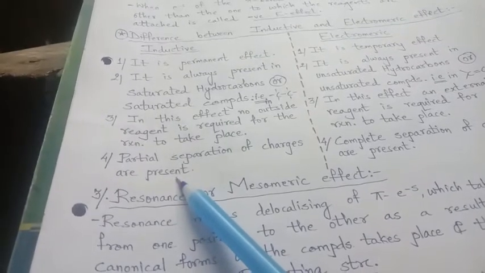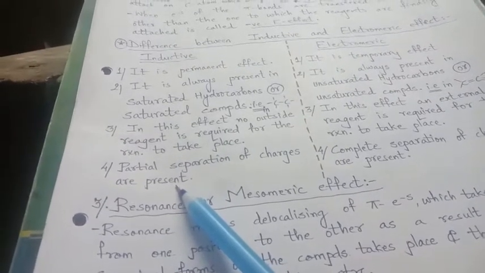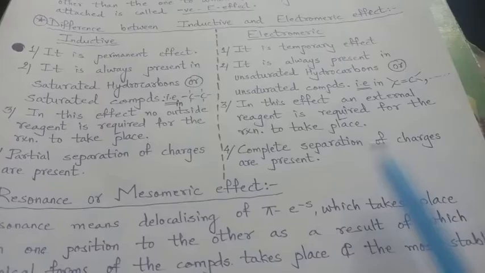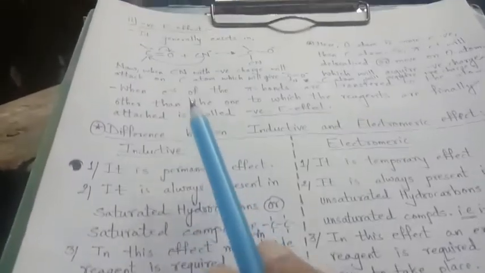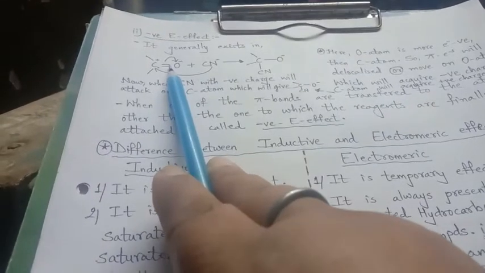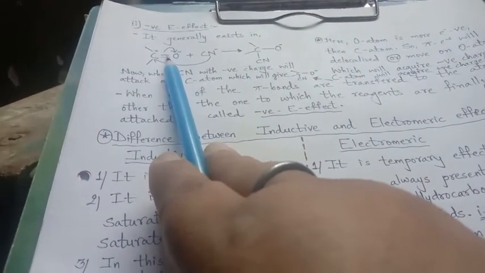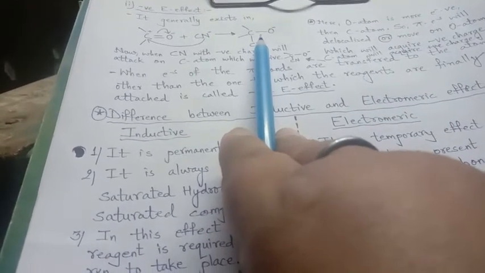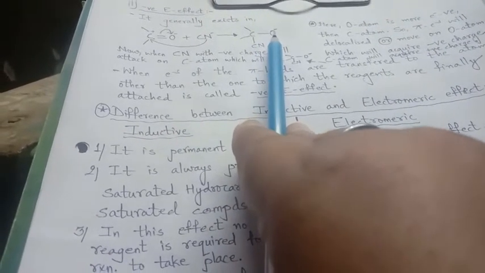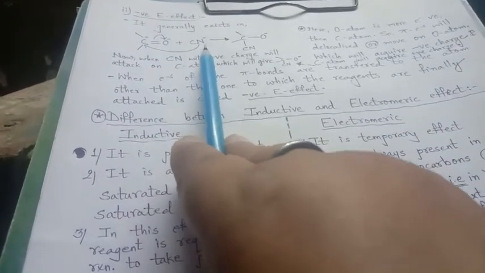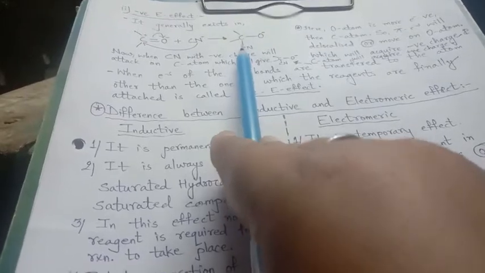So we get delta positive and delta negative, because it shows partial separation. But here complete separation of charges is present. Out of the double bond, one has been given out as a single bond, and we get a negative charge here, and the positive is attracted by this negative and is also bonded here.